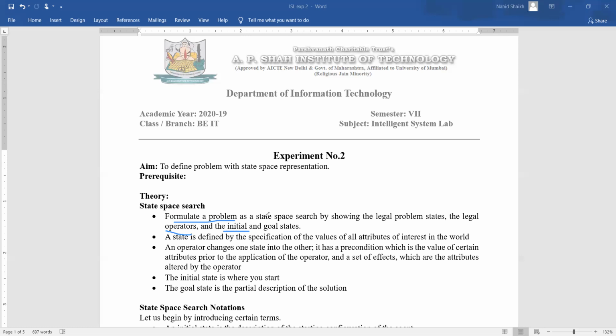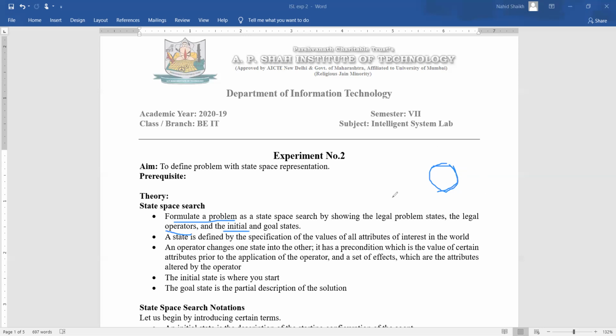So first let's define what a state is. A state is defined by specification of values of all attributes of interest in the world. Like if you are considering the problem of a taxi driver agent, then the state could be that you are currently at a particular location, suppose you are in the taxi, where the taxi currently is, and what the environment around the taxi is, what you can sense around the taxi.